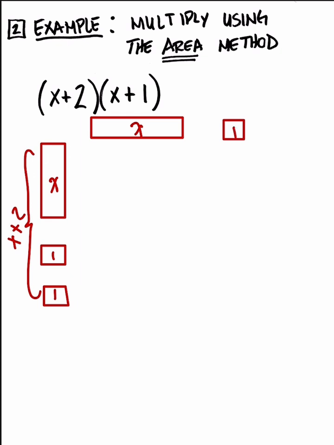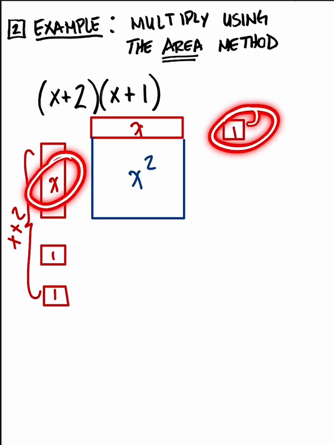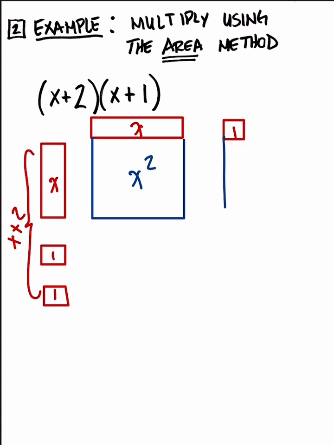Okay, so now what we would do to multiply using these tiles is we would just bring this box down. So we have 1 tile of x and then another tile of x. So we know this would be x squared. And now going over to our next one, we have x times 1, so then that would be x.